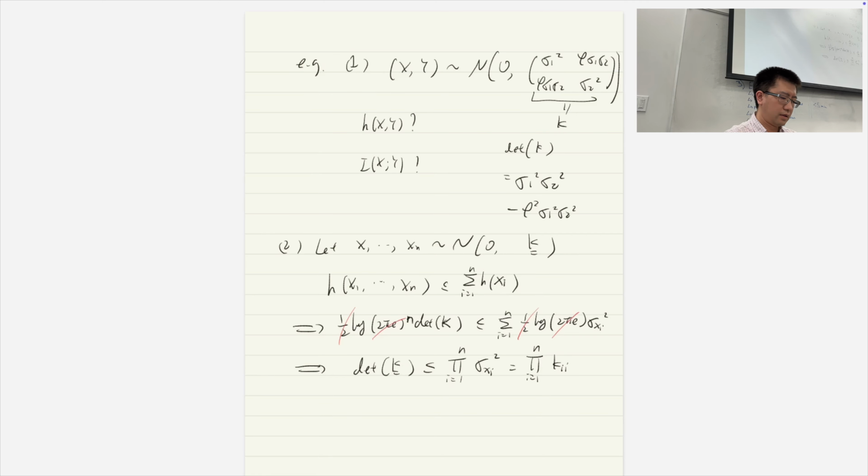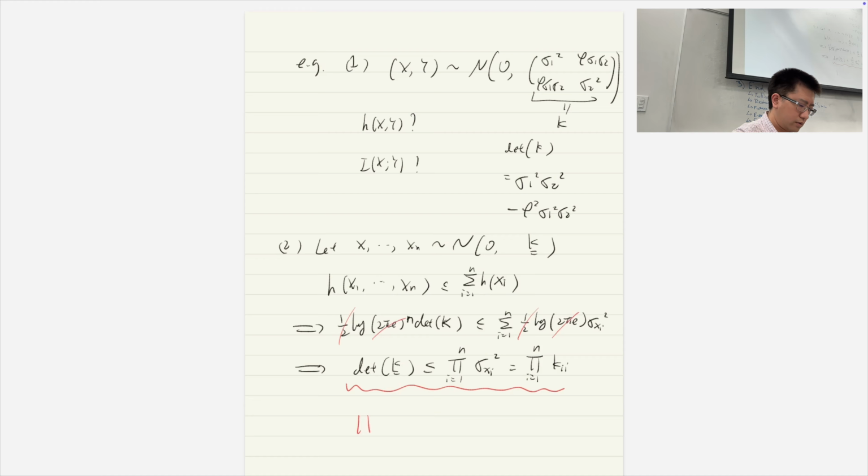Right? Okay, so now we have a very interesting inequality. The determinant of K will be less than or equal to what? The product of all the diagonal values. So this is a mathematical inequality, and the point here is that we use the information theoretic approach to prove it. Otherwise, it would be very difficult to prove. Does that make sense?